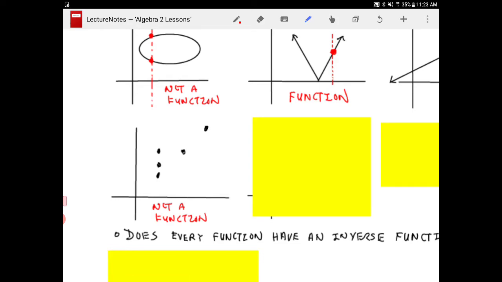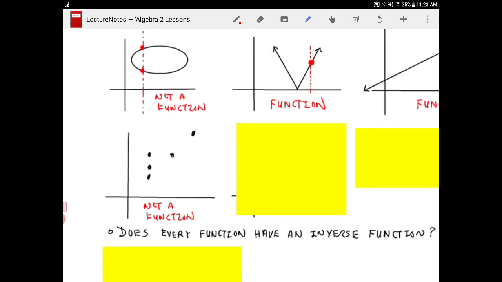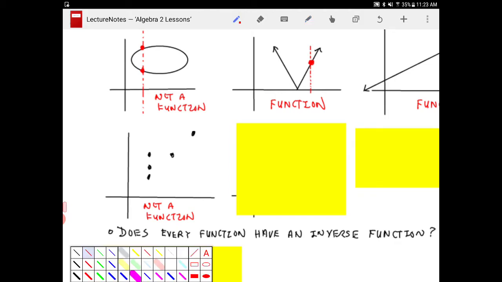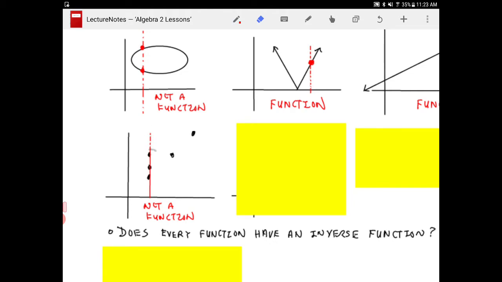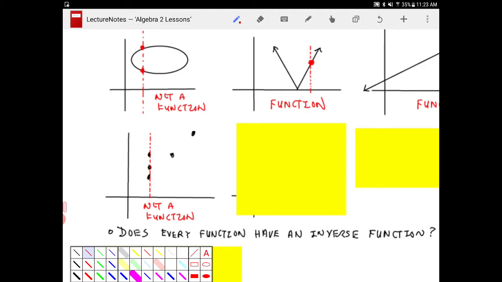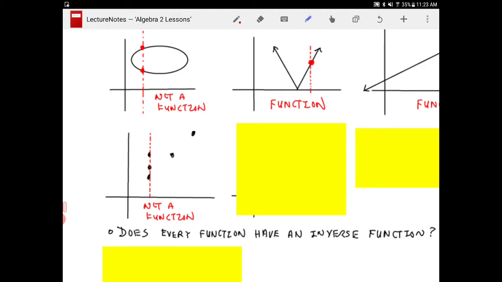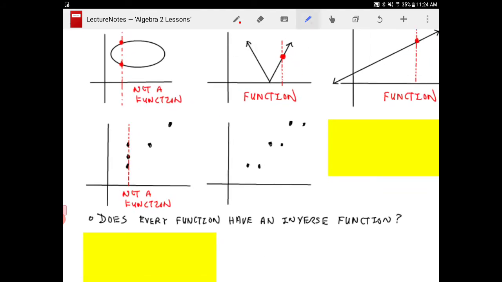It's because it failed the vertical line test, or in other words, for one of these inputs, for one x coordinate, we have multiple y coordinates, and that's not good. So this is not a function. What about the next guy? Let's see here. Is this a function? This indeed is a function because, again, it passes that vertical line test.